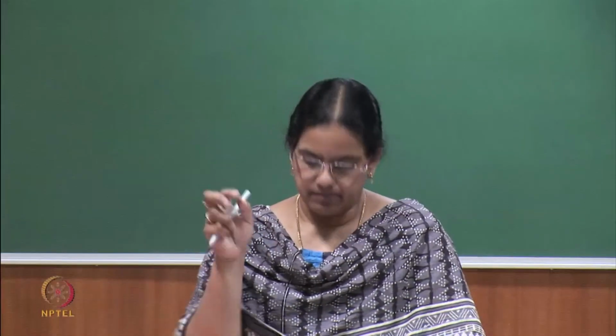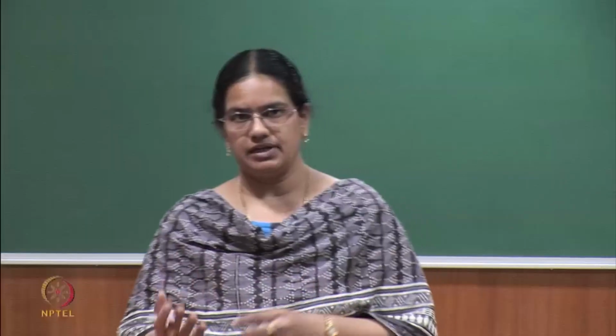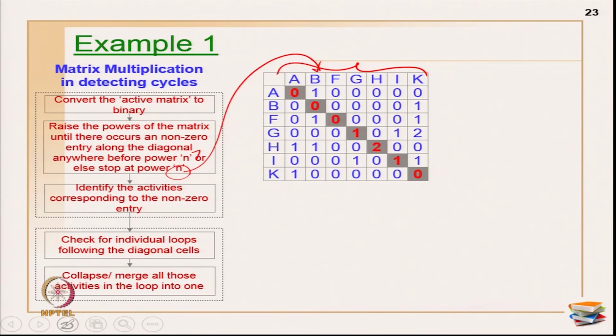Okay. So I have raised, I have a binary matrix which I have shown you in the previous case. So I have done primarily one multiplication only, which we call it as a cycle of which we call it as power 2. Power 2 is the binary square. Okay. So I have done multiplying only once, and what happens is I identified a non-zero entry here.